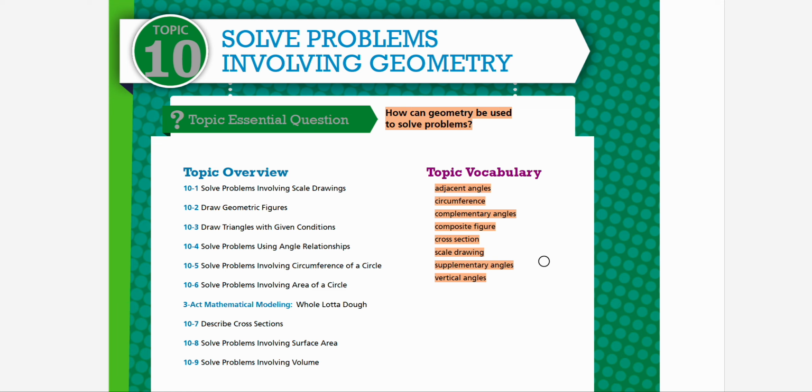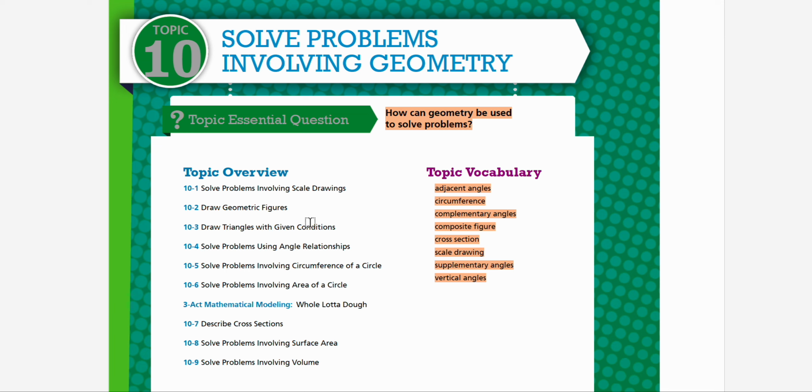So if you are the one who loves shapes, you are good with problems that involve areas and volumes and shapes and different angles and drawings, this is for you. The topic overview gives you all the lessons here, the title of all the lessons. The lessons are from 1 to 9.